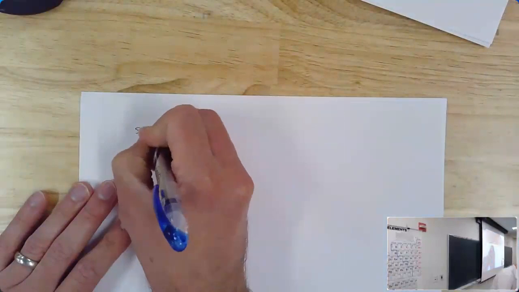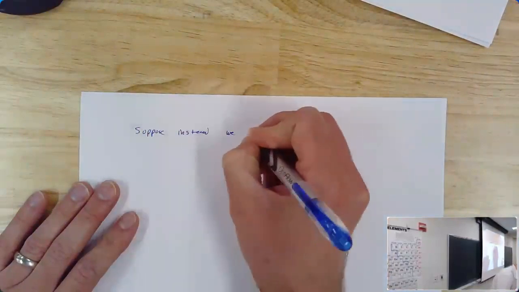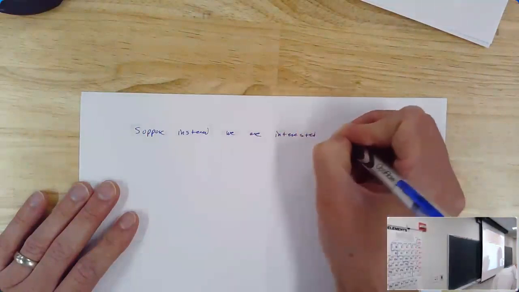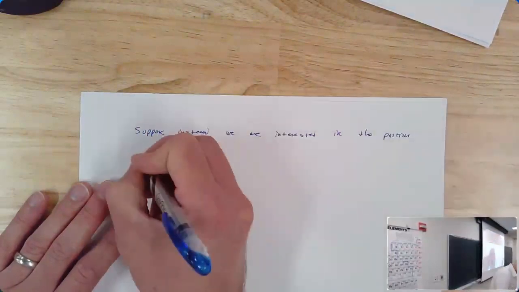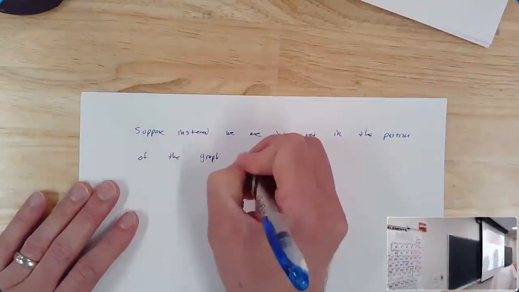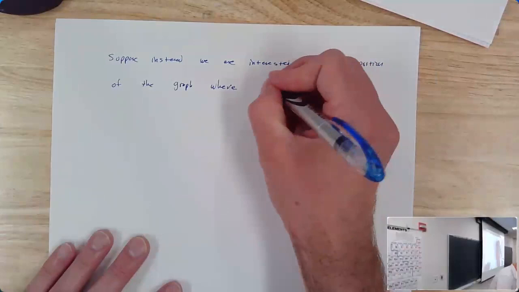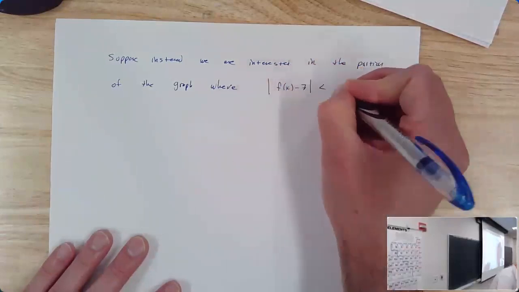Suppose instead we are interested in the portion of the graph where our function's a lot closer to 7, where the absolute value of our function minus 7 is less than 1/10.